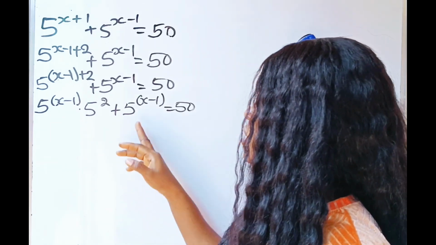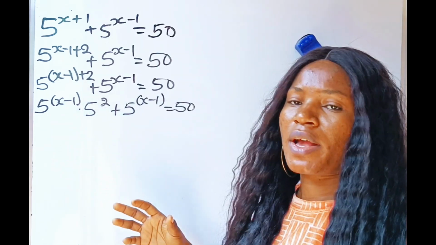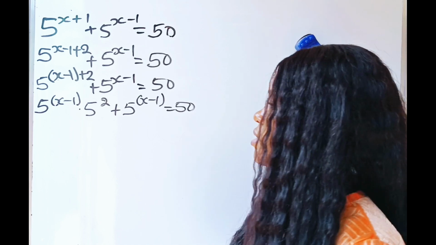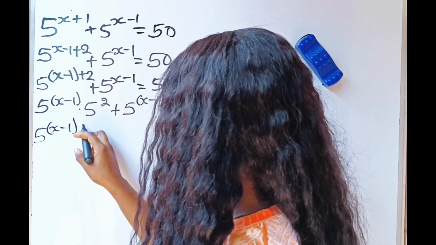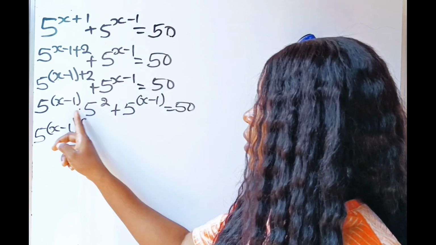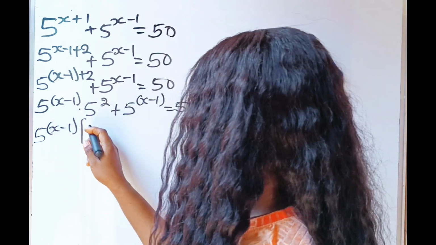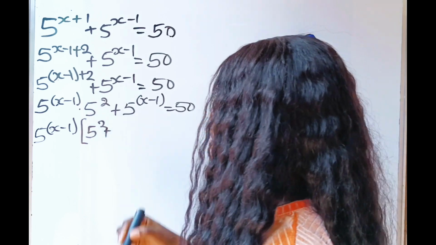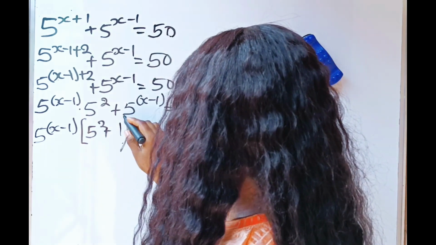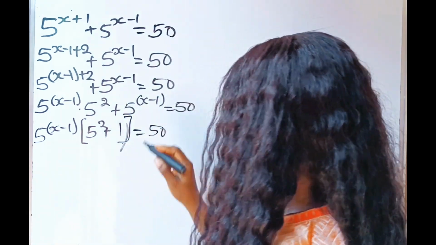Okay, now since we have the same thing here and here, we can factorize that out, all right? So we have 5 to the power of x minus 1, open bracket. Now when this is divided by this, we have 5 squared, plus when this is divided by this, we have 1, is equal to 50.